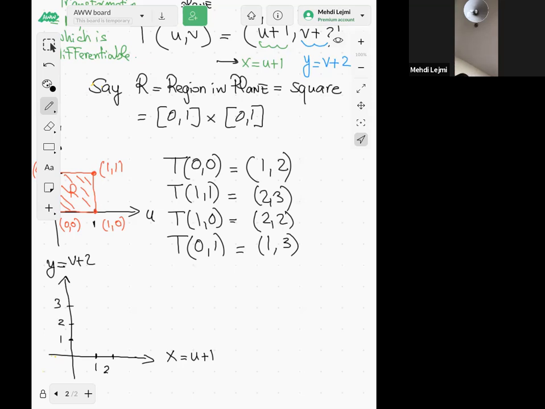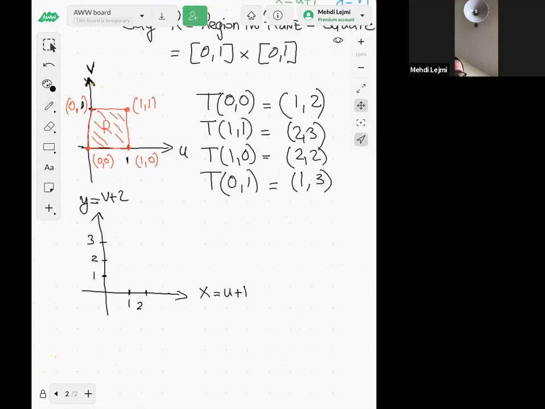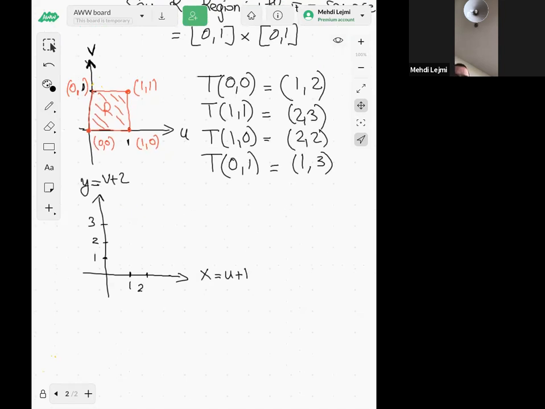T of (0, 0), we said, is (1, 2). So we're going to get this vertex here. This is (1, 2).